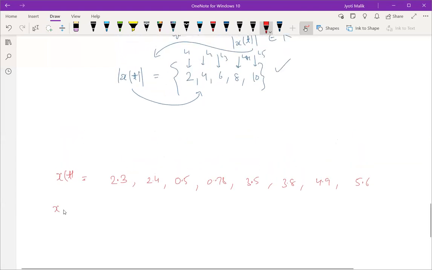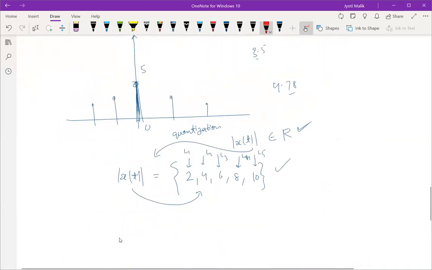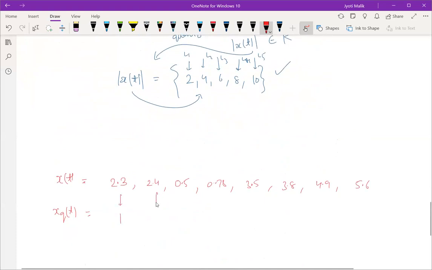Then the quantized signal, for all the values which fall between 0 to 2, will map them to 1. So this is 1, this is also 1, this is also 1, this is also 1.